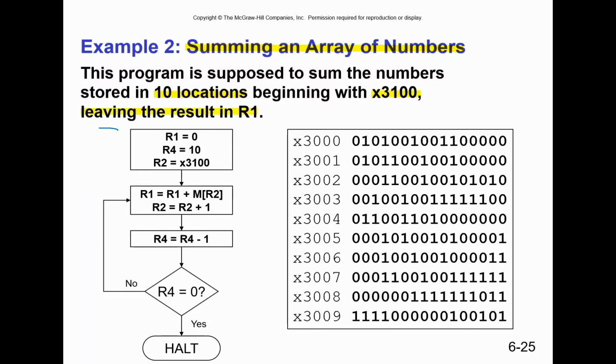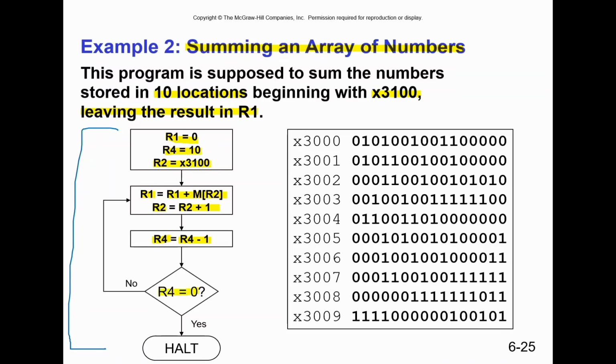So we can look at this chart here. R1 equals 0, R4 equals 10, R2 equals x3100, R1 equals R1 plus M[R2]. R2 equals R2 plus 1, and the last one, R4 equals R4 minus 1.